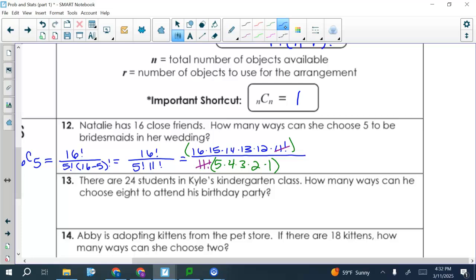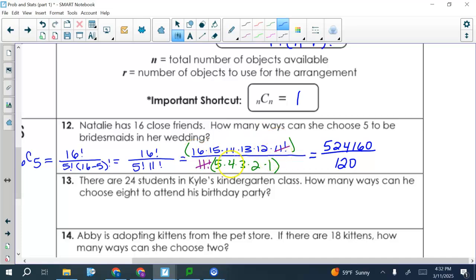All right, so now we can go ahead and calculate 16 times 15 times 14 times 13 times 12. Those 11 factorials canceled. You can do this on your calculator all in one step, but if you just wanted to do the numerator there, I got 524,160. And then divide it by 5 times 4 times 3 times 2 times 1, which was 120.